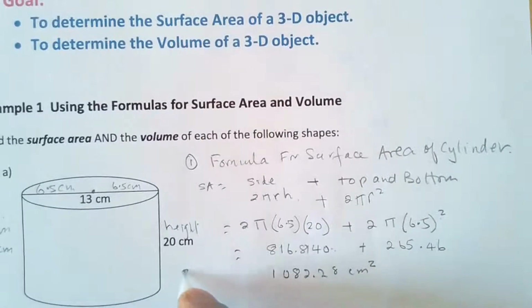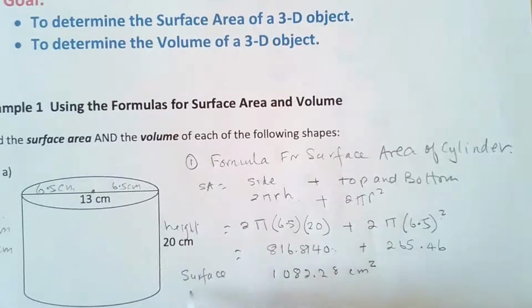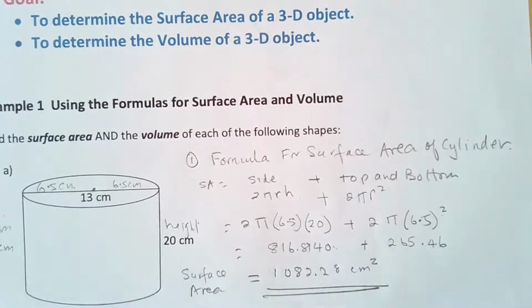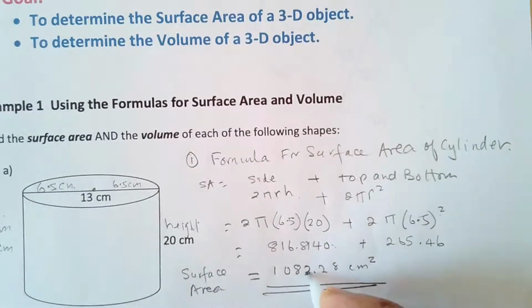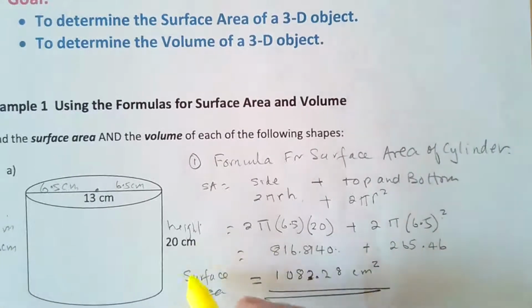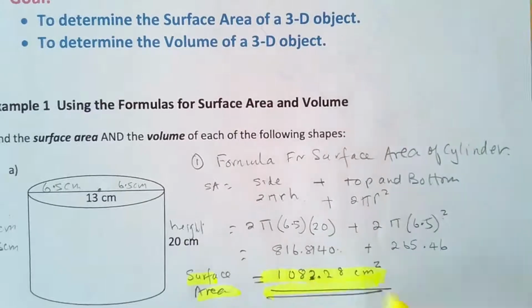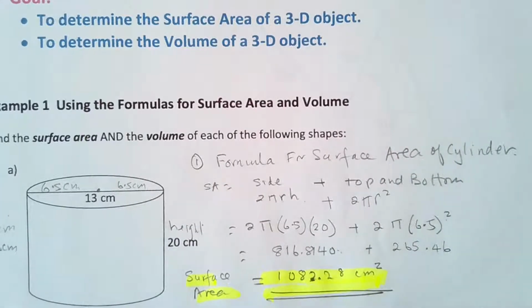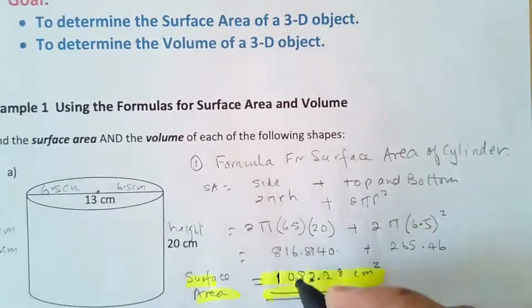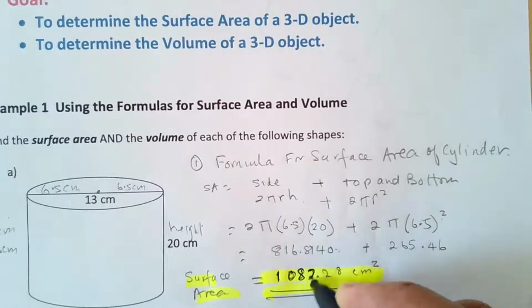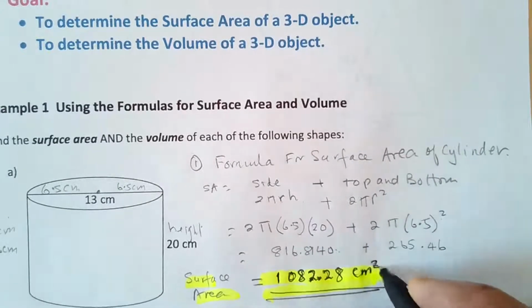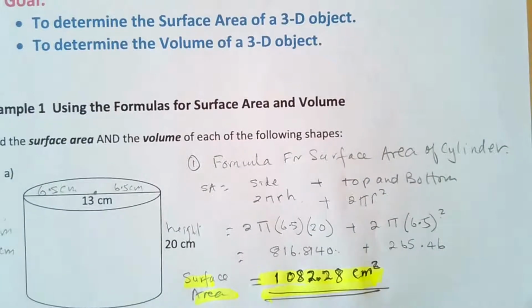So surface area is 1082.28 centimeters squared.